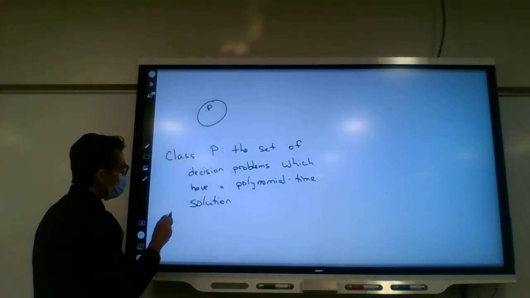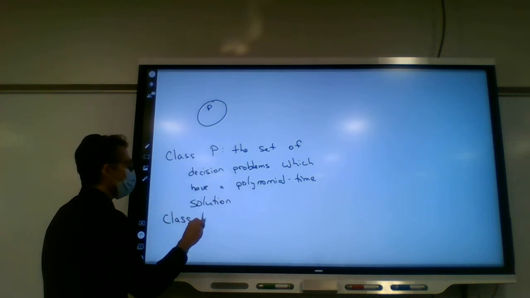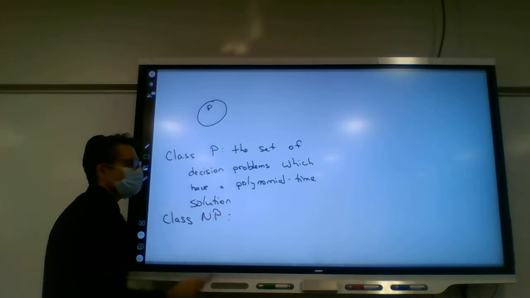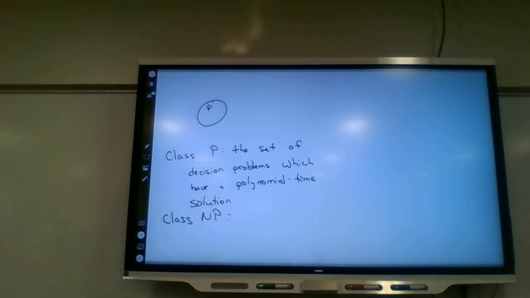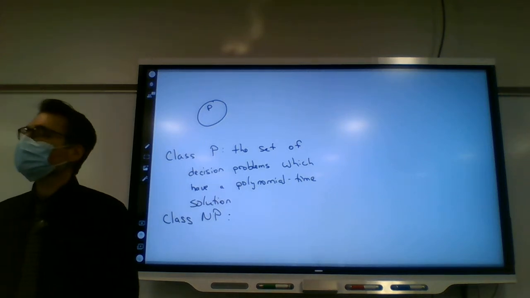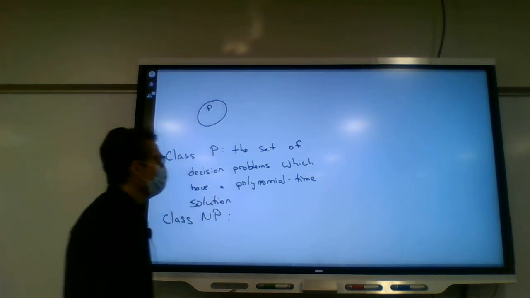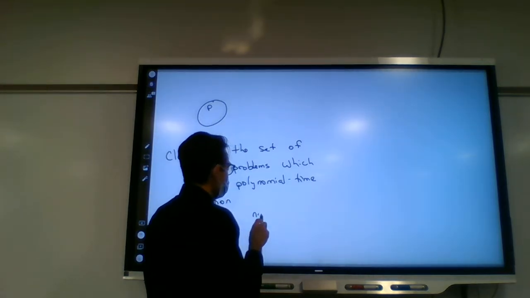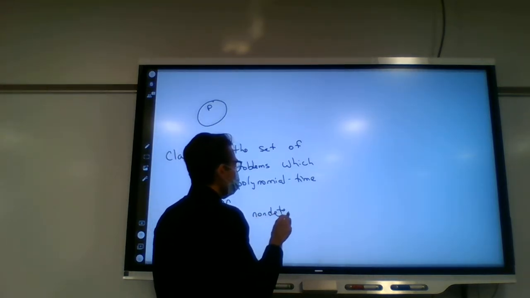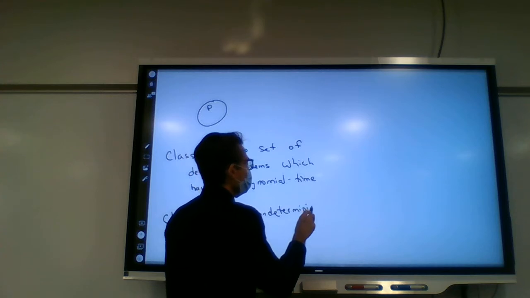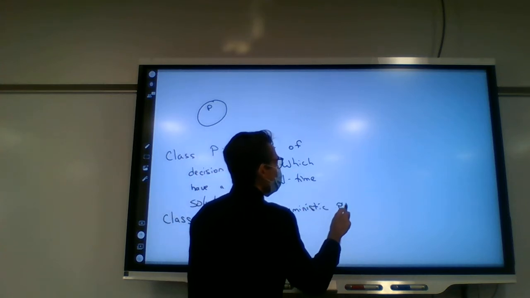Then there's another class of problems called class NP. Now, NP means non-deterministic polynomial. But we're not going to worry too much about that approach right now.